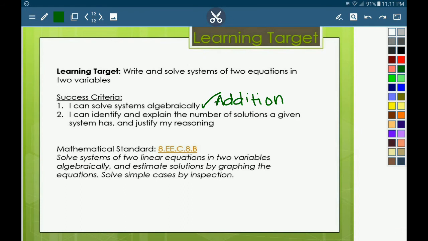We identified this in the first example, and then we actually did this in examples 2 through 4. We also identified and explained the number of solutions a given system has, and we justified this reasoning. We did that in example 3. So go ahead and grab your practice, complete it, and ask any questions if you have them.